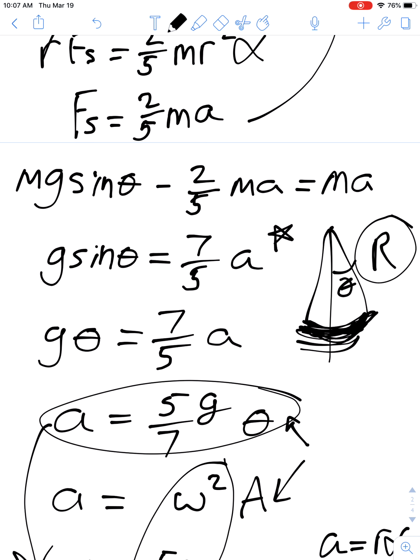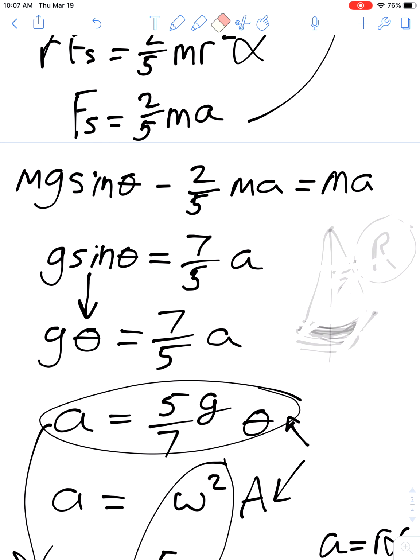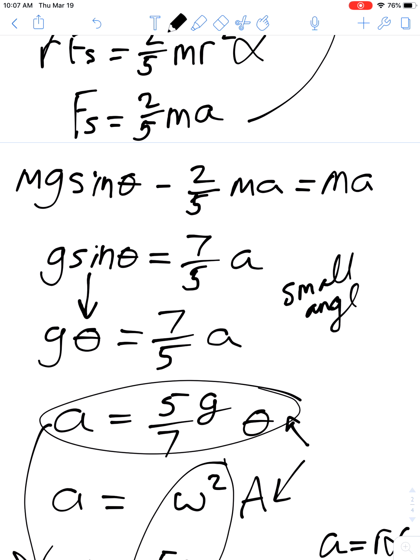Once we had our acceleration, we made an approximation. It's important to understand that we went from sine of theta to theta, because that is the small angle approximation. It's kind of hard to fit that in here, so I might just erase a bit. At this step there was a small angle approximation, very important.